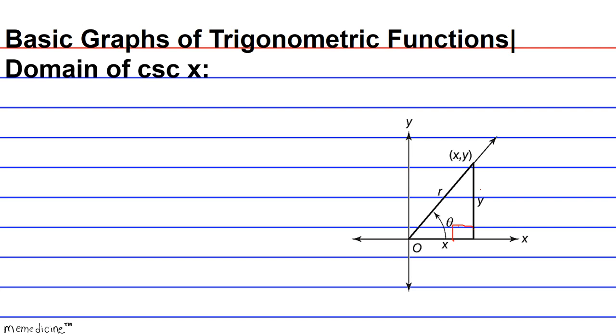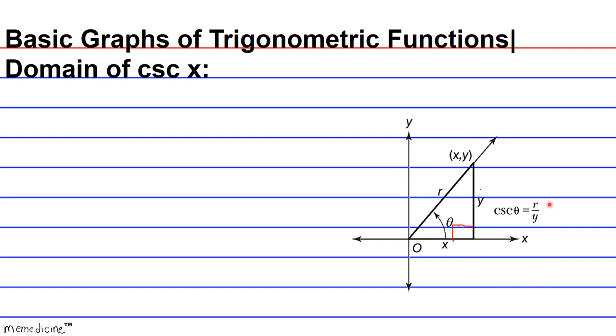Thus, the cosecant of this angle theta is going to be r over y, where r is the magnitude of the terminal side ray. Note I said magnitude, so this is a distance measurement, so it's always going to be positive, divided by the y-coordinate, or the side opposite the angle of interest.